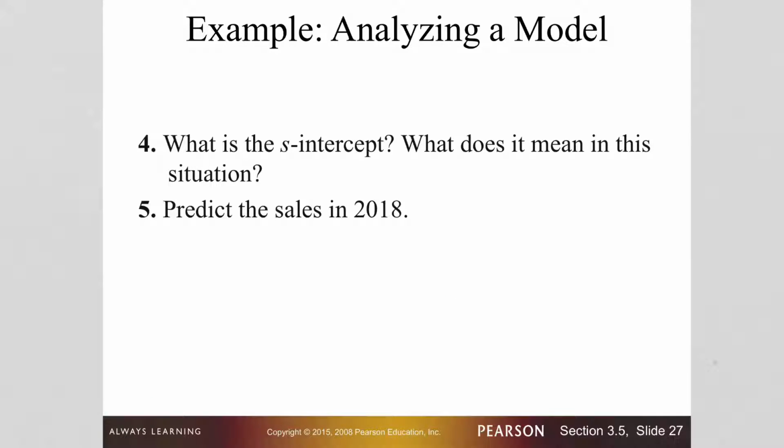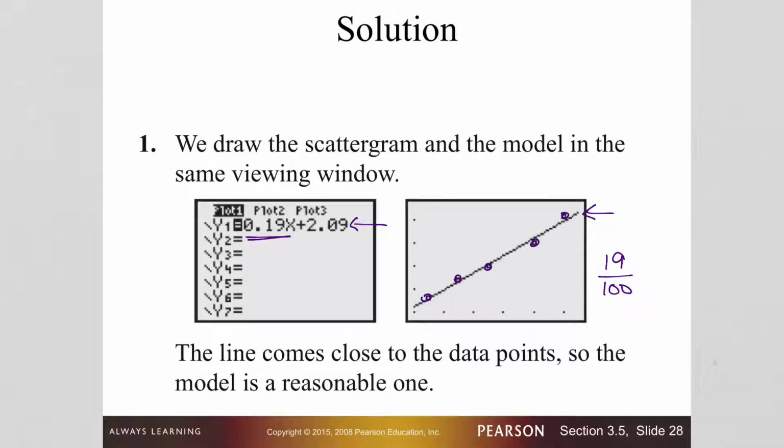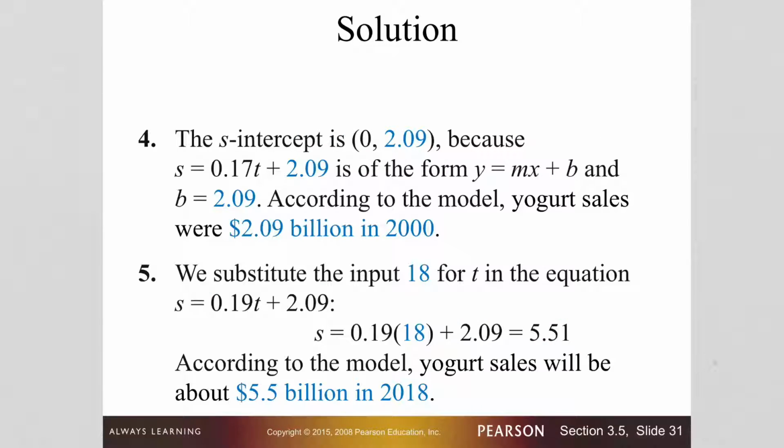The next question says, what is the s-intercept and what does it mean in this situation? So, let's look at that. The s-intercept, remember the s is our sales, so it's this one. And we're looking at our intercept, okay? So let's take a look at that. So the s-intercept is 0 and 2.09.